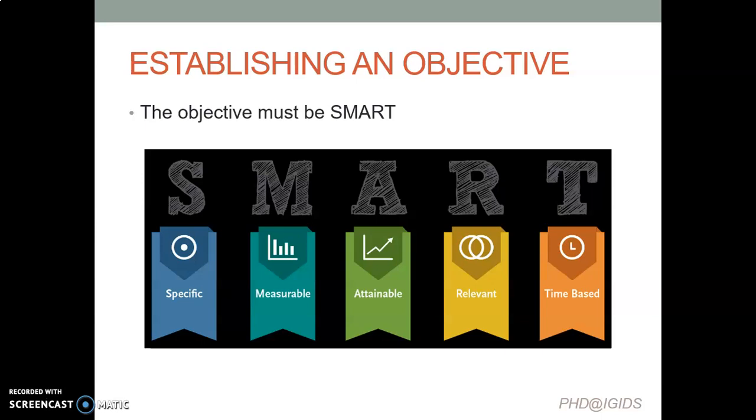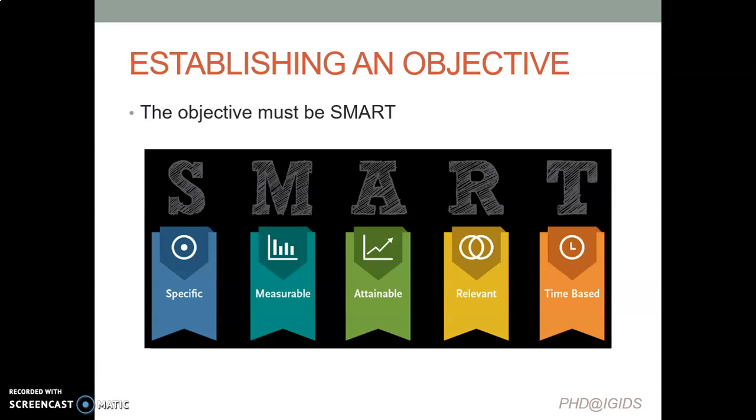The objective should be specific, measurable, achievable or attainable, realistic or relevant, and time bound, and hence it is abbreviated with an acronym known as SMART objective. S stands for specific, M for measurable, A for achievable, R for relevant, and T for time based. So any objective should have these 5 criteria.